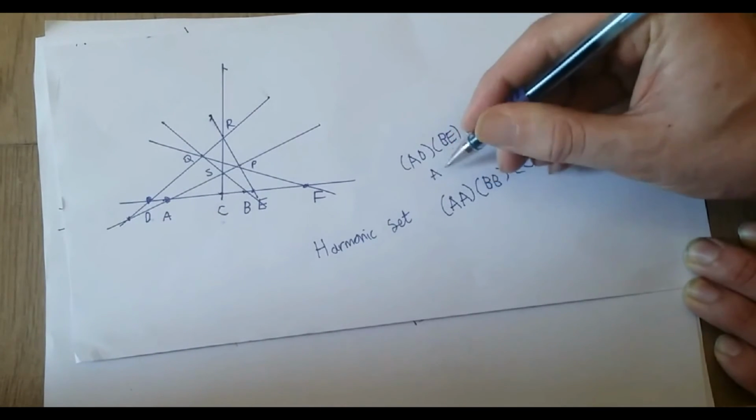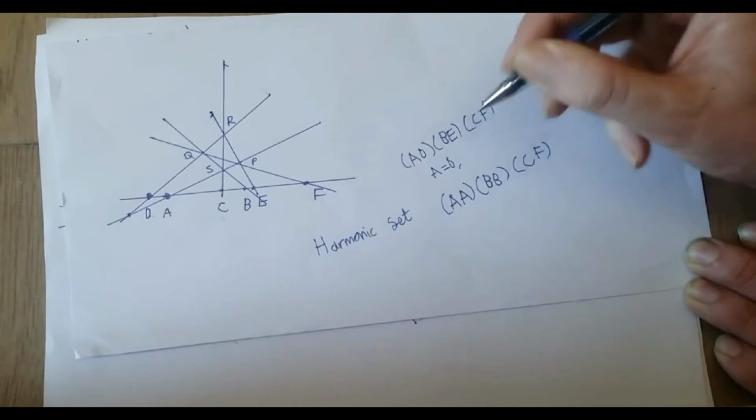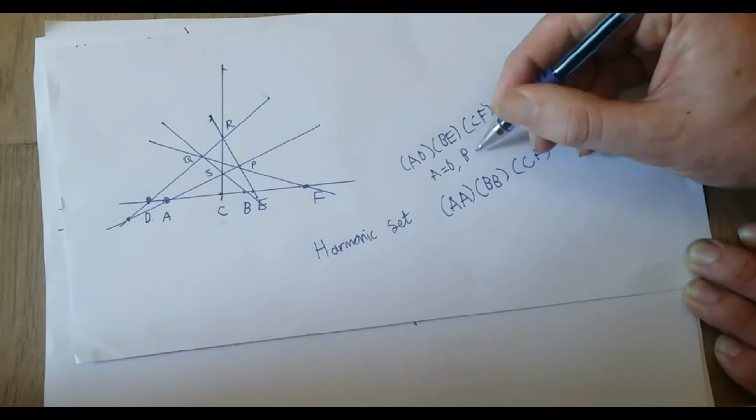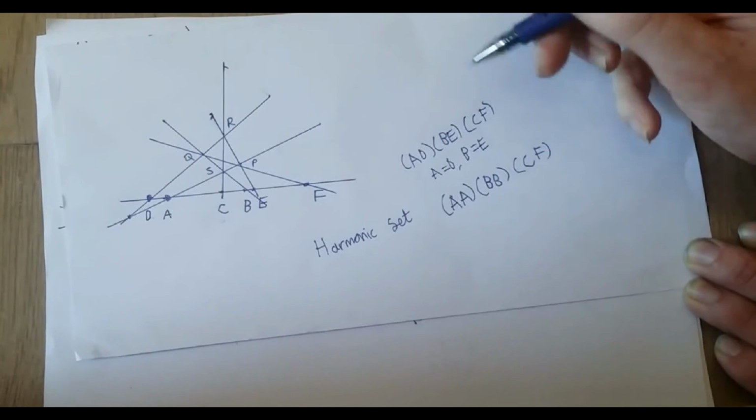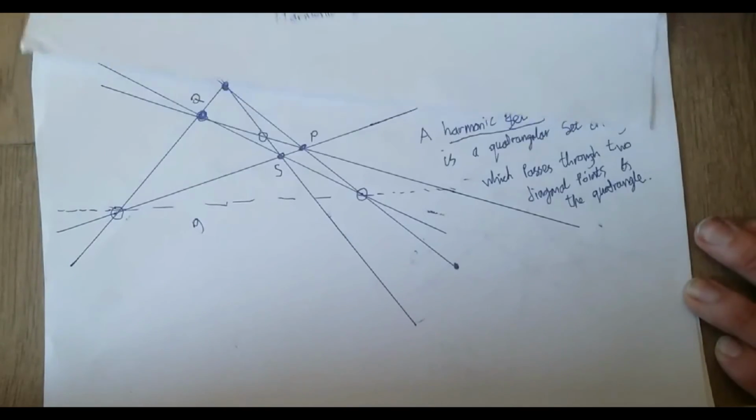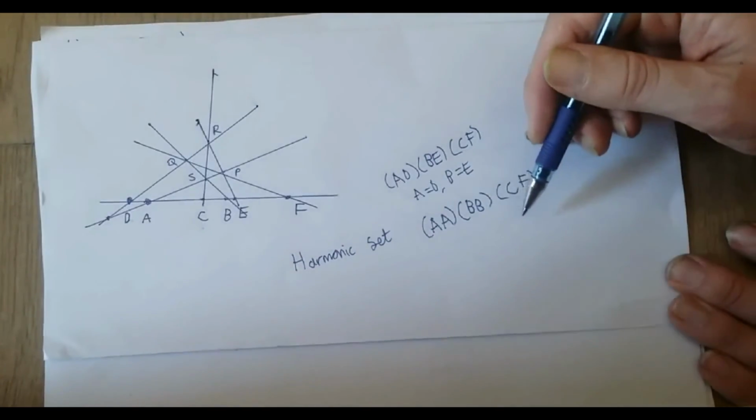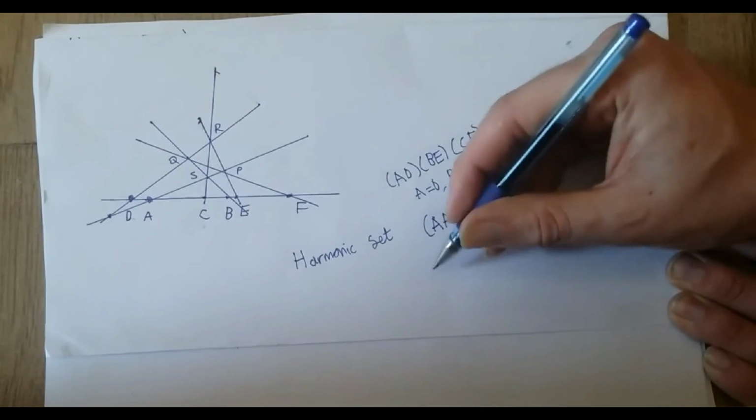But if we also have that A is equal to D and B is equal to E, then we'd have this kind of situation here, and we'd have a harmonic set.